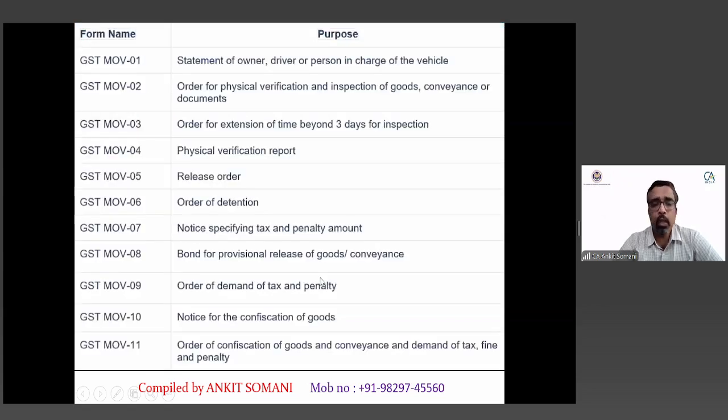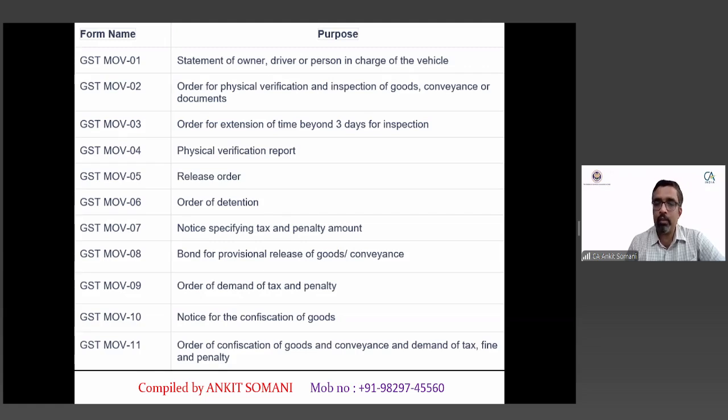Correct. So one very important practical aspect I would like to refer to here is that in the majority of cases, the dealing officer creates a temporary ID in the name of the driver. He does not create any demand in your existing GSTIN.